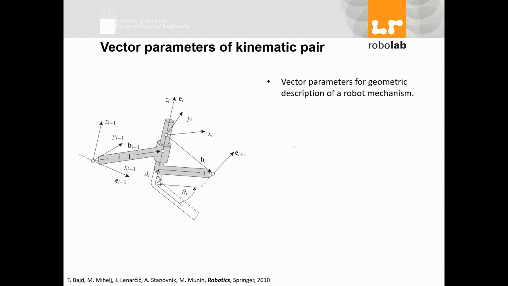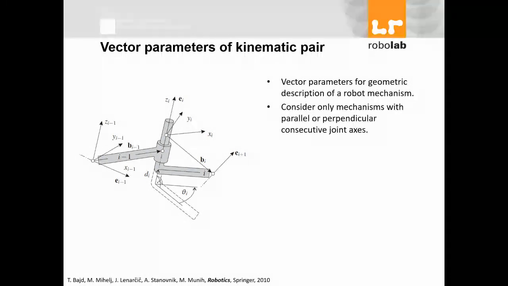Vector parameters for geometric description of a robot mechanism are, well, consider only mechanisms with parallel or perpendicular consecutive joint axes. So we are not making random assumptions for our coordination system, okay? Although we're free with that.